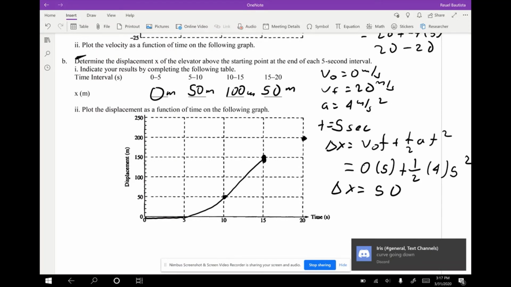The velocity is going to go down, which means the slope of the line will also decrease as we go through time. So our graph will look like this. Again, pretty simple, and that's one.